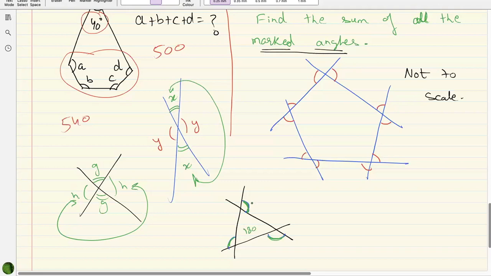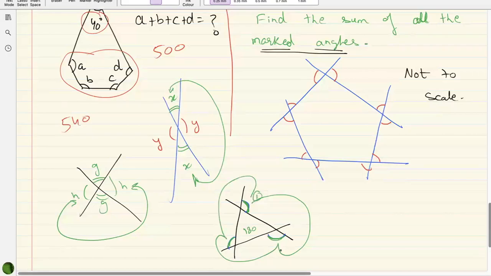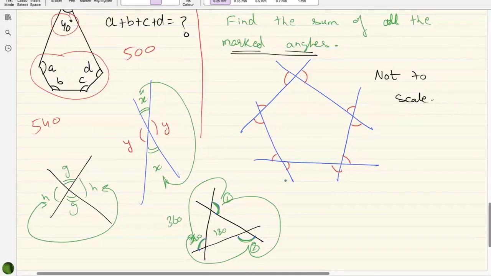What would be the sum of these three angles? 360. That's right. Is it just the sum of them? Yes. And when we come back to the original question, if you notice, whatever the value is, they are actually marked 2 times.